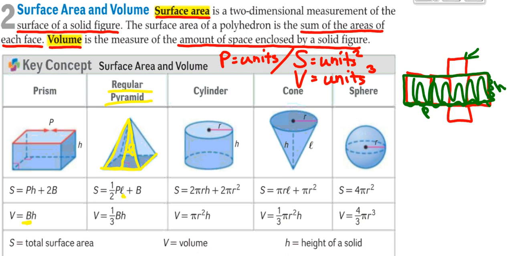So we find the perimeter all the way around there, and since these are triangles, we take that perimeter times this slant height, and that's like our base times height, and then divide by 2, which is same as multiplying by 1/2. So, and then plus 1 capital B, because there's only one base as we go. And that might be a rectangle, a triangle, a square, kind of anything as we look at that.